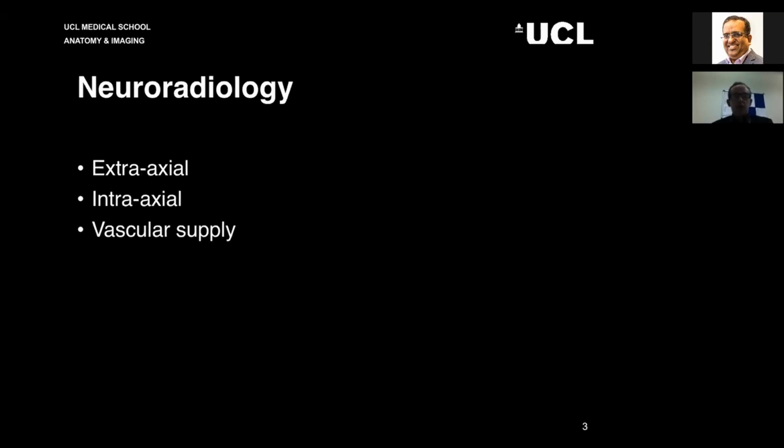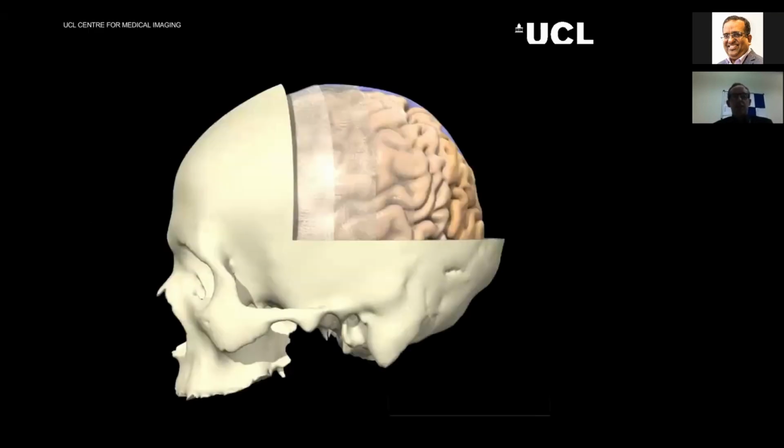So I've started talking about the neuroradiology itself, and what I want you to think of is this is what you're going to be seeing on, say, a lateral view, but also on your CT. And as you know, the neurocranium is surrounded by the calvarium, which is made up of a number of bones, most of which are paired, and then you have the midfacial skeleton.